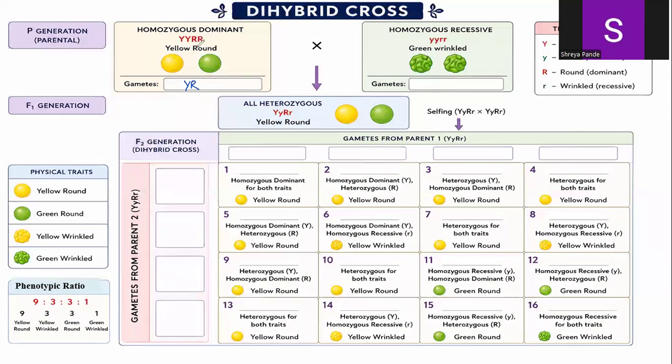Okay, in the experiment, what has Mendel done? He had selected pure breeding plants for two contrasting characters. Basically the color, that is yellow and green, and the shape, round and wrinkled. Now this was referred to as the parental generation, that is P, and this was the F1 generation, in which all were yellow and round and all were heterozygous.